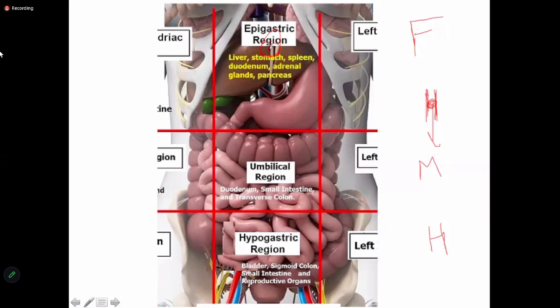So those structures can give rise to pain in the epigastrium. I don't know how many of you will grasp these things, but this is the very basis. If you know these facts and apply them to your day-to-day life, you will become a good diagnostician. Your diagnostic skills will go sky high. And midgut structures, similarly, the pain will be referred to the umbilical region.